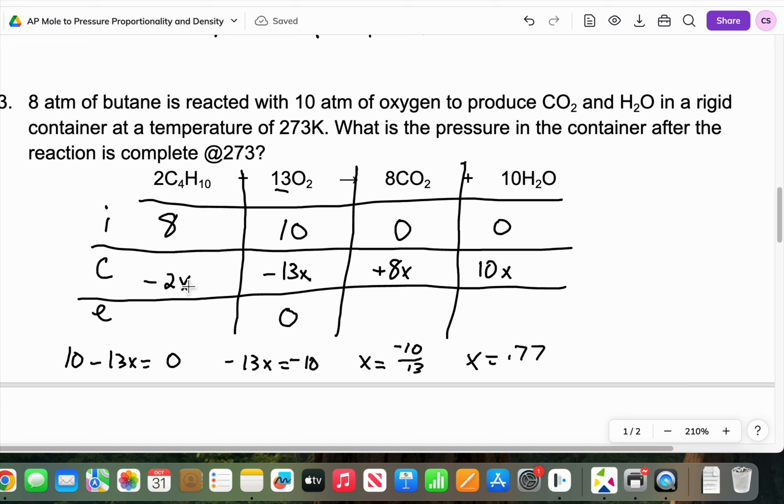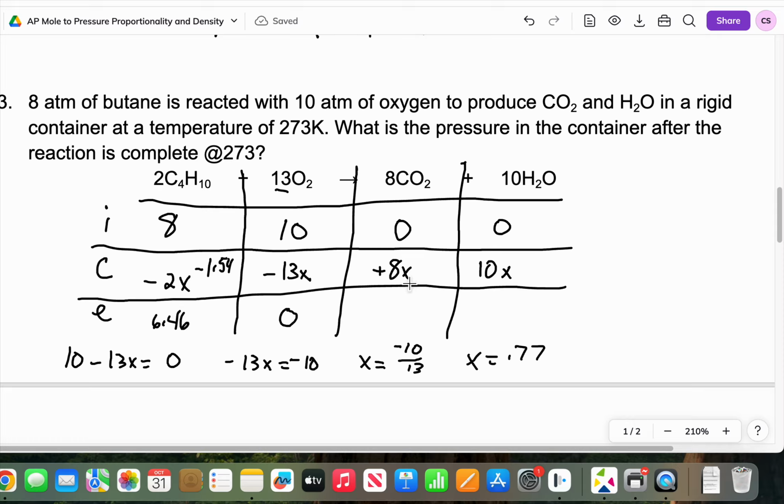Now it's just a matter of plugging in the numbers. So 8 minus 2x, so we've got to figure out what 2 times 0.77 is. That's 1.54. So we're going to be subtracting 1.54 here, and when we do that, we get 6.46.